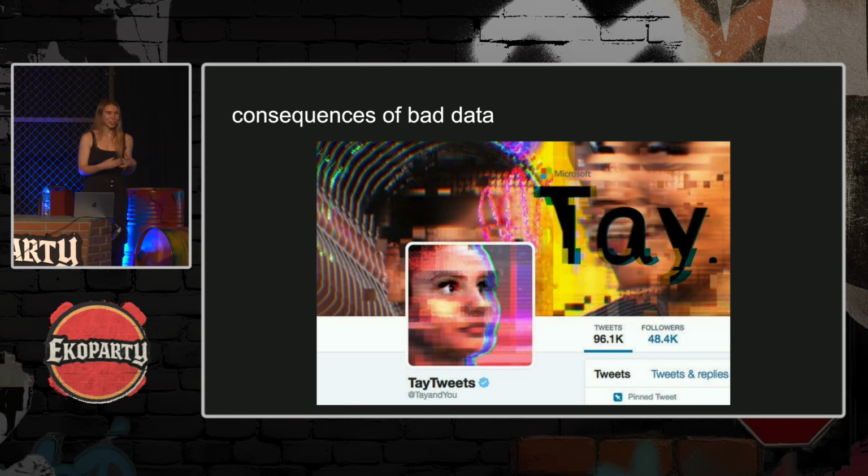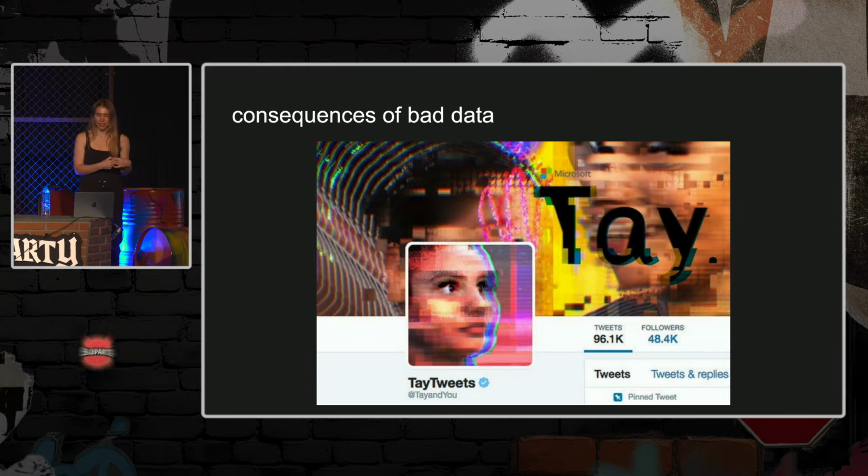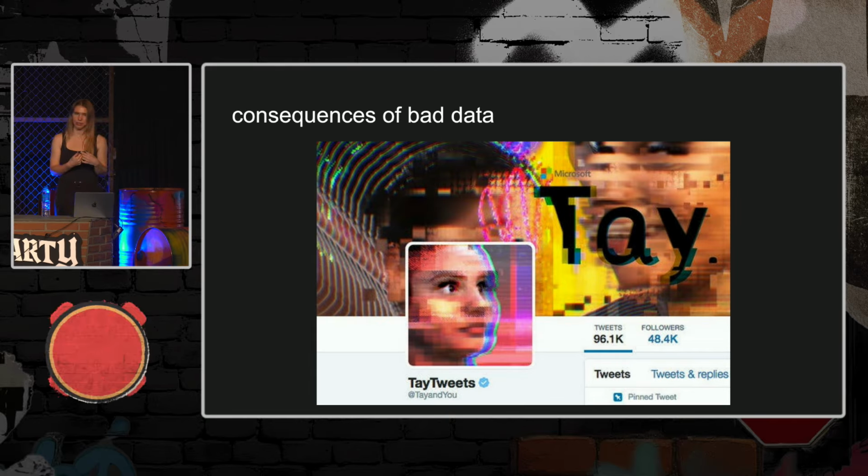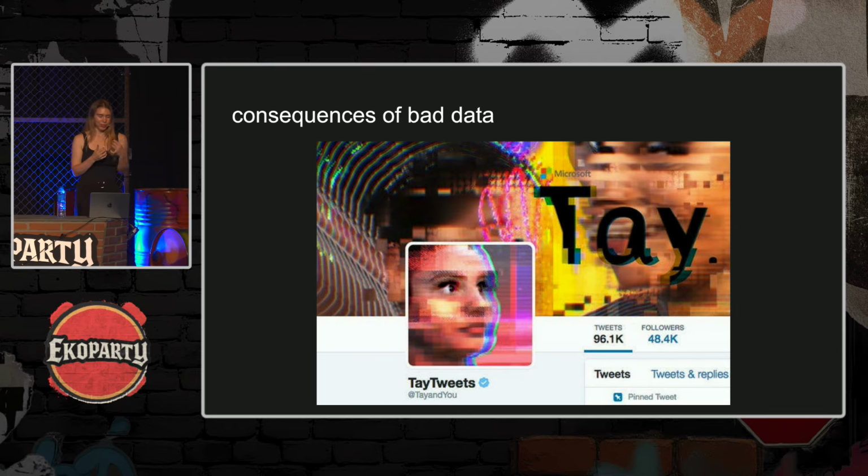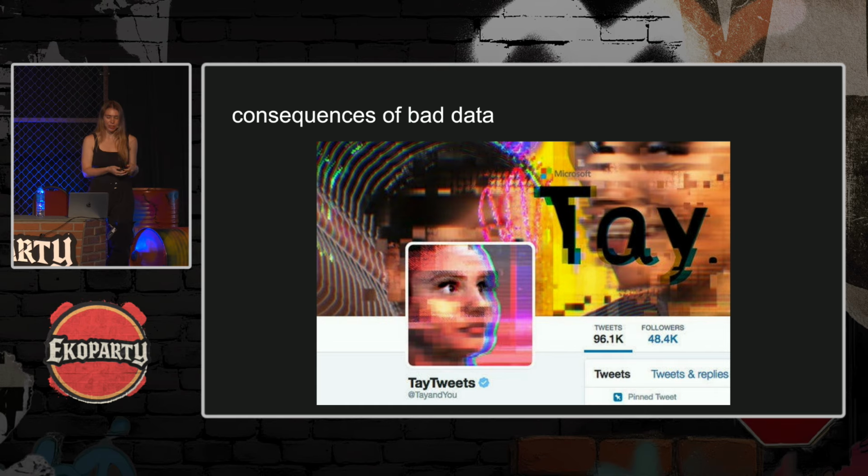How many of you know who this is? Anyone? This is Tay, a Microsoft chatbot that was released on Twitter in 2016. Tay was designed to pick up our language and syntax via interactions with real people on Twitter. Long story short, within a few hours of launching, it started repeating vulgar and hateful language.